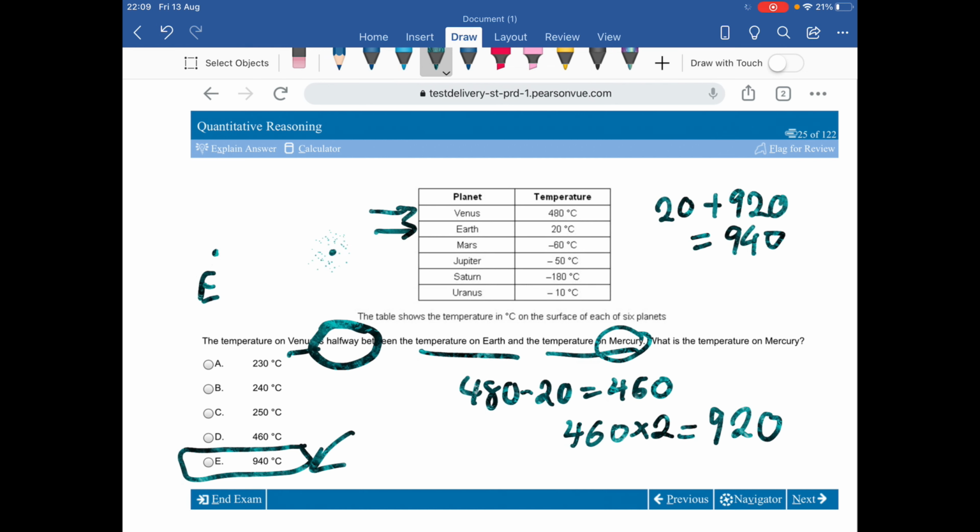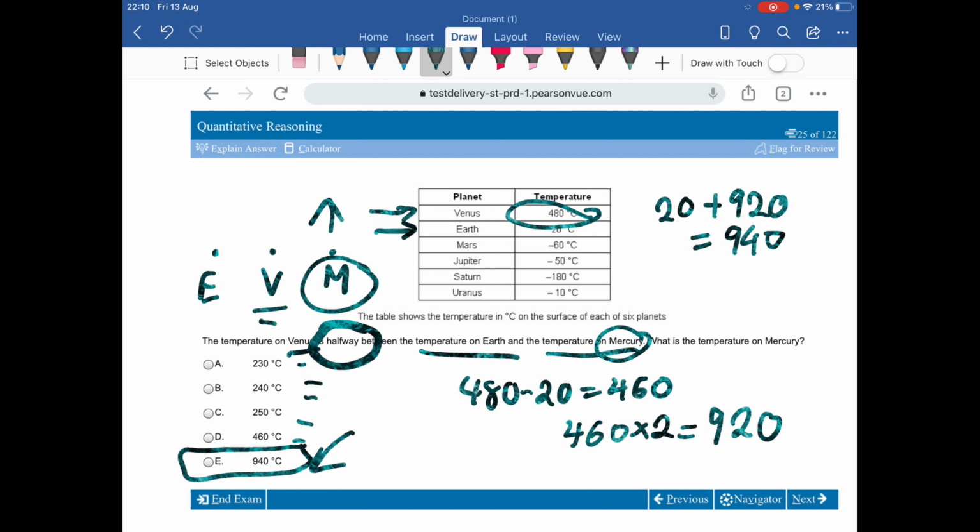So this is Earth, and this is Mercury, which is where you want to get. And the question has told you that Venus is halfway, so the temperature on Mercury must be greater than the temperature on Venus. And you know that the temperature on Venus is 480. Which one of these values is greater than 480? It's only the last one, so that's literally the answer. So without even doing the calculation, you would know by a process of exclusion that that's the right answer.